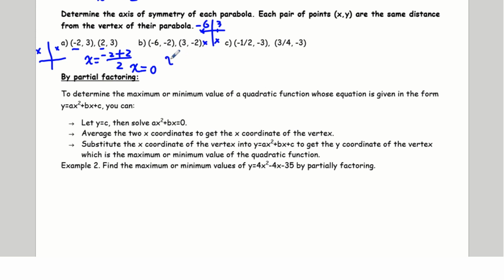The midpoint is -6 plus 3 divided by 2. Then you will have x equals -3/2. So this is the axis of symmetry. For the axis of symmetry, you add the two x coordinates together and divide by 2.